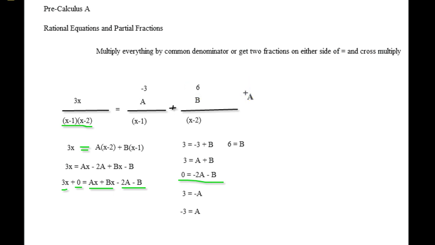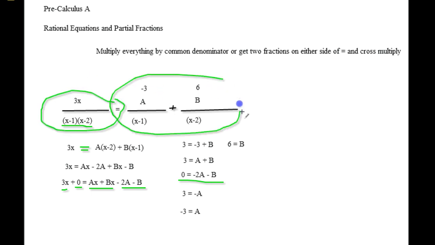And ta-da, I've broken up this fraction into the sum of two fractions. So 3x over (x minus 1)(x minus 2) is equal to negative 3 over x minus 1 plus 6 over x minus 2. If you want to check it, you can always do the work and show the math, but why do that when you've already been shown the right way?